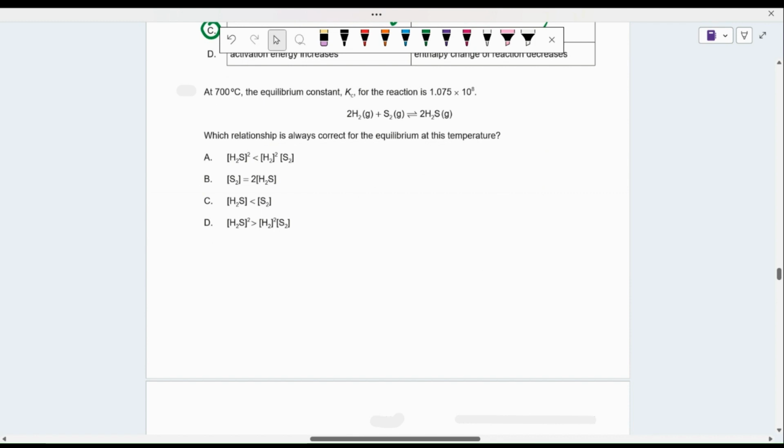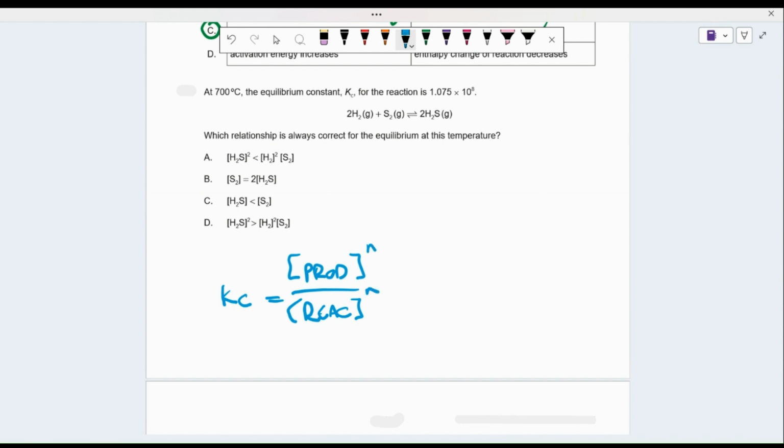Which relationship is always correct for the equilibrium of this temperature? We are given the Kc. We know that Kc equals products over reactants, to the molar ratios rather.